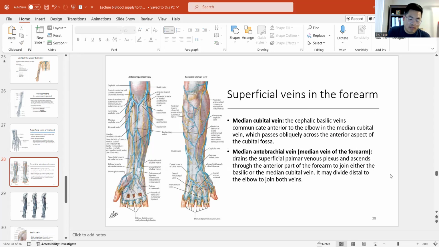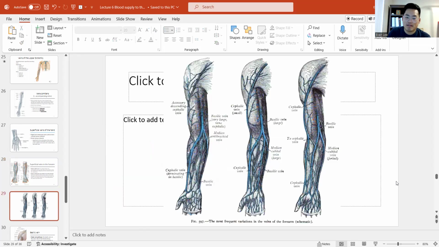So just to be clear, when you see it in a picture, that's great, and that's what we usually will represent it as. But there are actually variations to this. Depending on our individual cadaver donors, this actually can be a little different. So we'll be careful to look for this, but just to go over at least two variations.